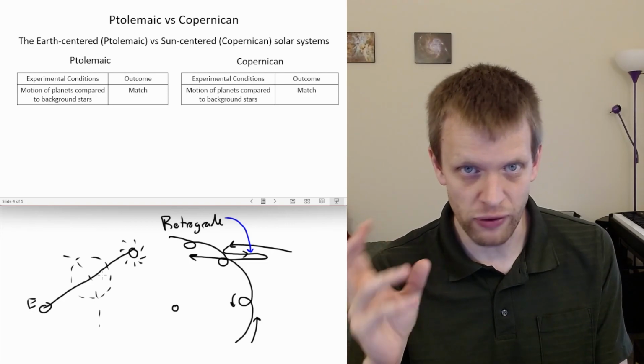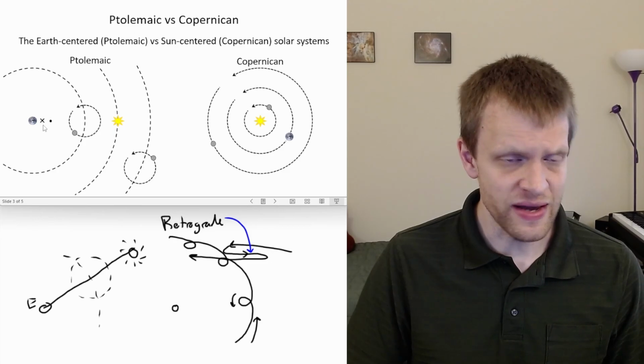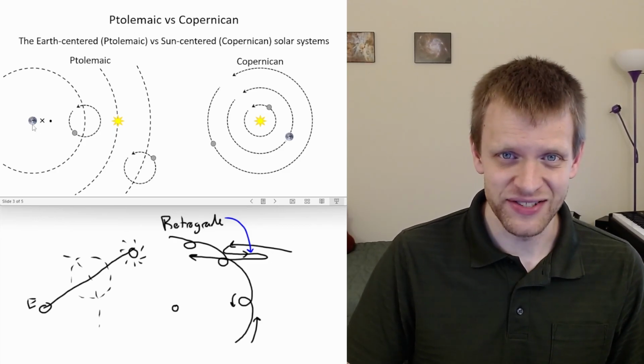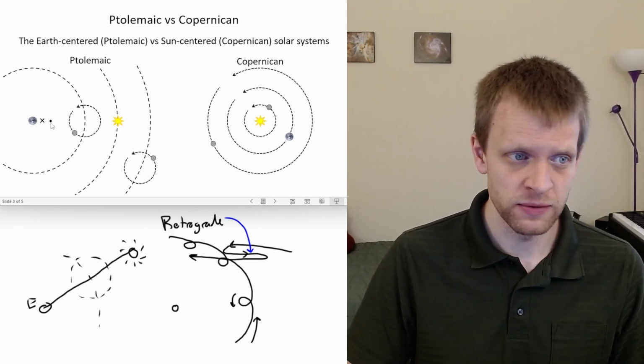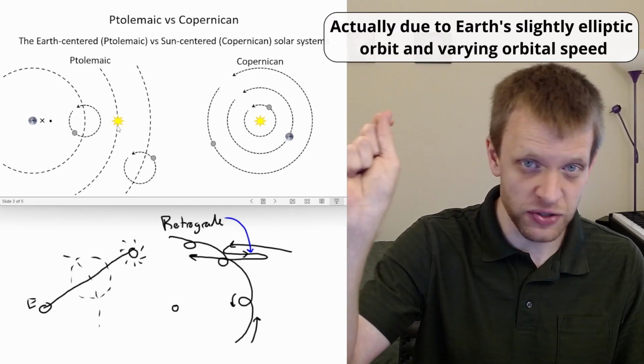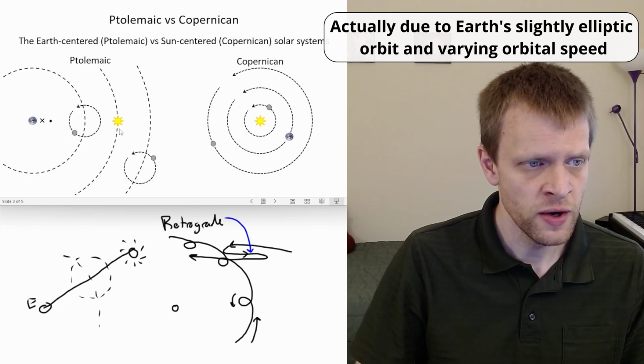All of these little correction terms, these epicycles, these added features like the equant and the deferent, basically add in a motion of the Earth around some other point that corrects for how the sun doesn't always move the same speed across the sky at different points of the year.